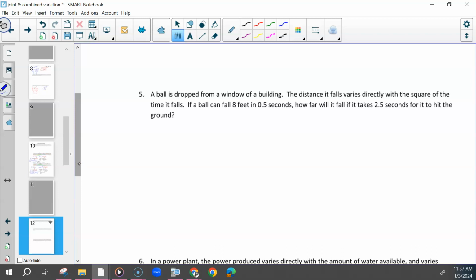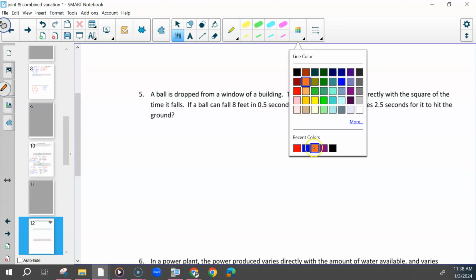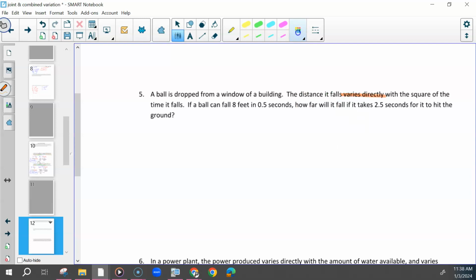So for number 5, a ball is dropped from a window of a building. The distance it falls varies directly with the square of the time it falls. If a ball can fall 8 feet in 0.5 seconds, how far will it fall if it takes 2.5 seconds for it to hit the ground? What's important? Varies directly. What else?